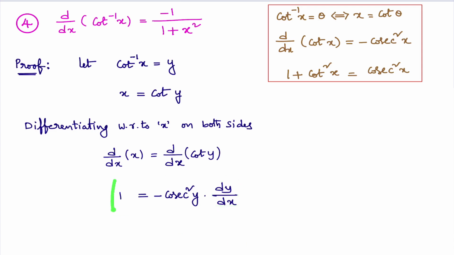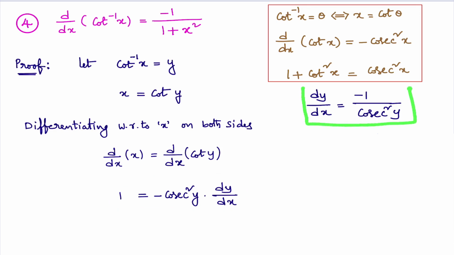So from this equation, I'll write what dy by dx is. You observe this step, dy by dx equal to minus 1 divided by cosecant square y. I got this step by taking cosecant square y to the left hand side. Here dy by dx is nothing but d by dx of y.